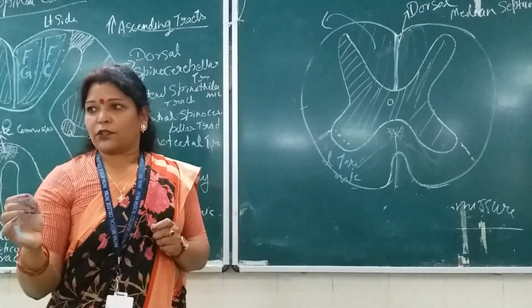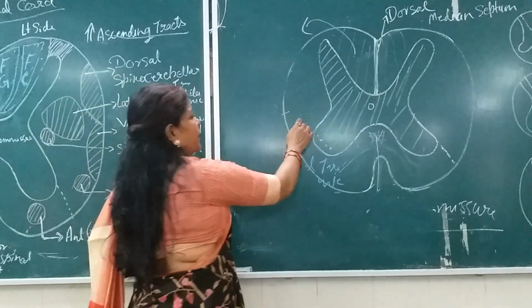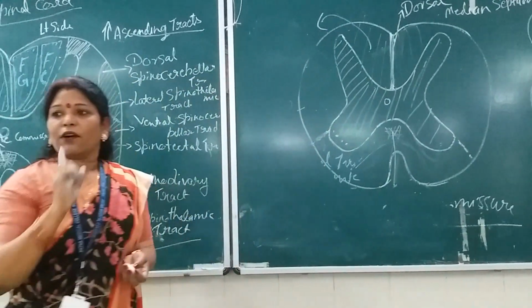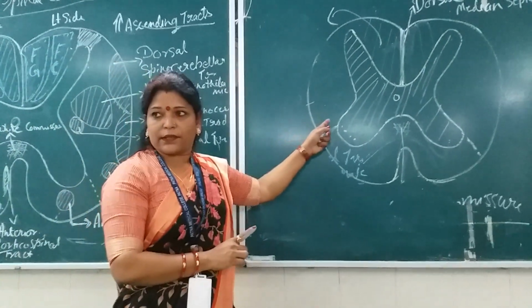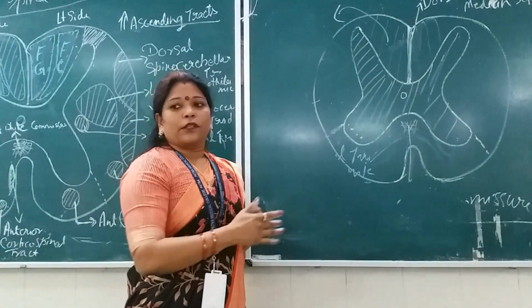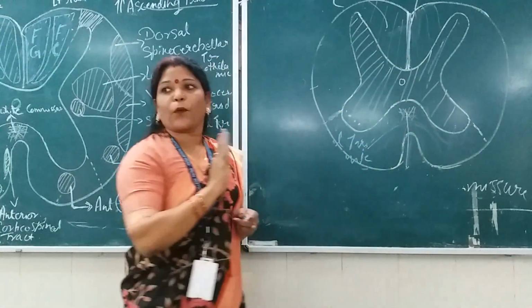Just like the slow pain pathway, it is non-myelinated. So keep in mind it is composed mainly of myelinated fibers, but some non-myelinated fibers are also present here. Now you will classify the different tracts according to their position here.